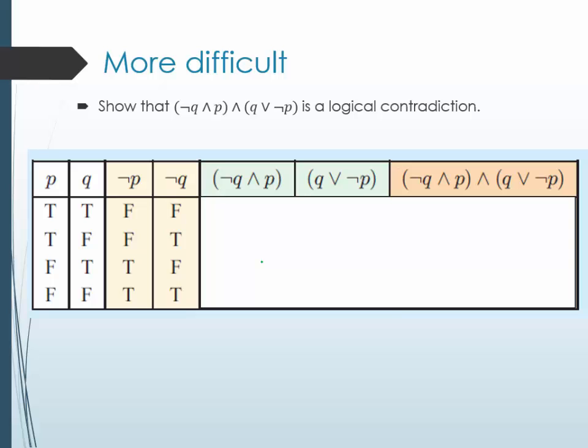So you have to understand the symbol, and then you have to understand the two things that are being compared within that symbol. So that's negate Q, intersection P. What does the upside down V stand for? It's conjunction, which means we're looking for true, true as the only truth. True, true is the only truth out there.